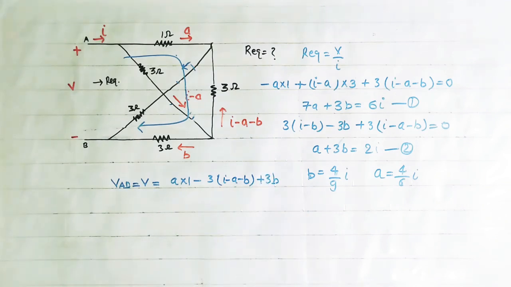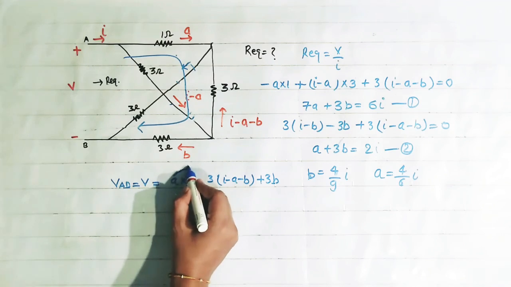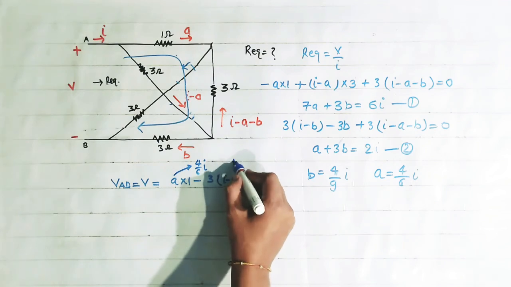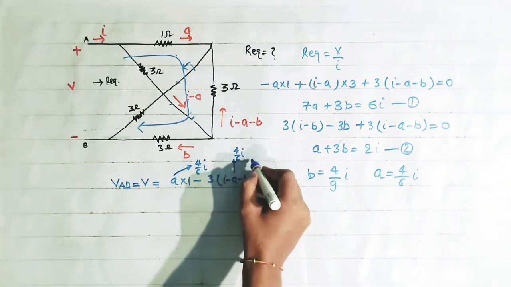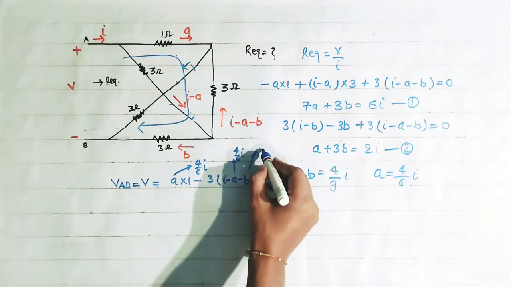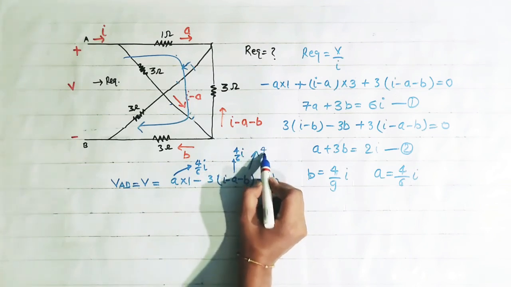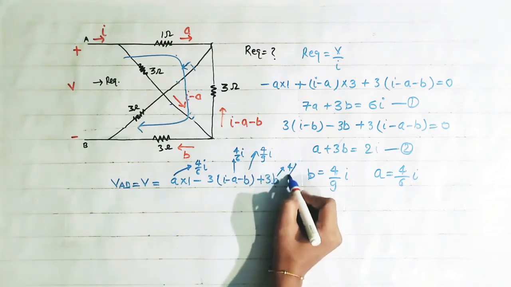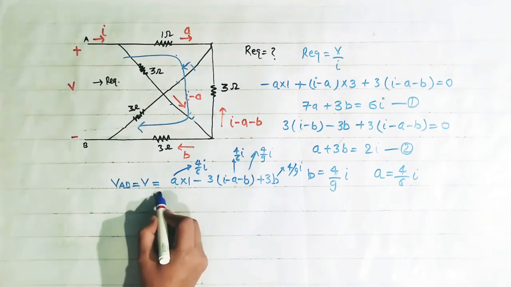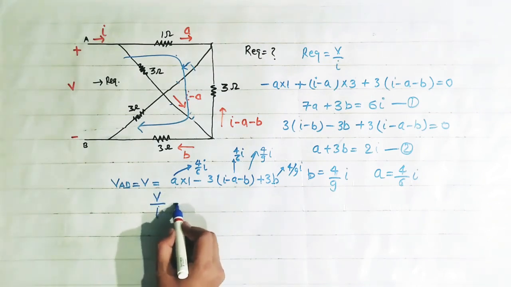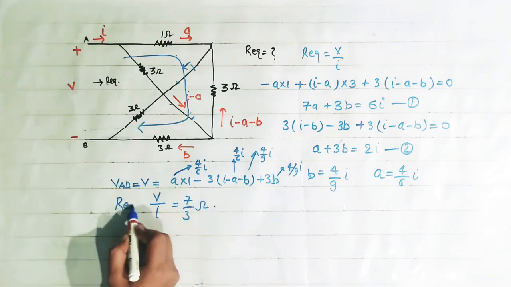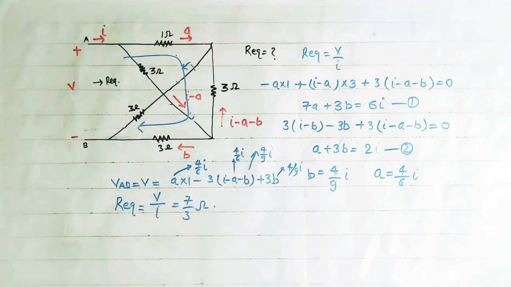If we put the value of A equals 4 by 6 I and B equals 4 by 9 I, we will get V upon I equals 7 by 3 ohm. It means equivalent resistance Req is 7 by 3 ohm. So this is the answer.